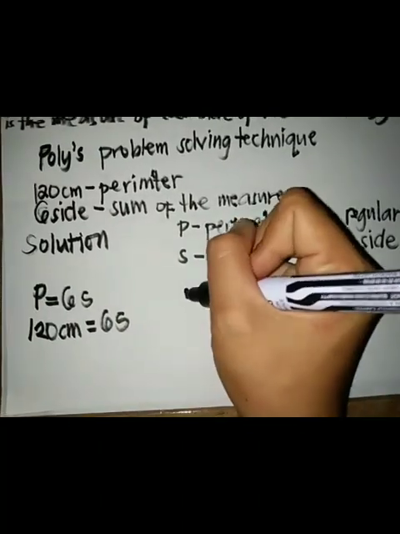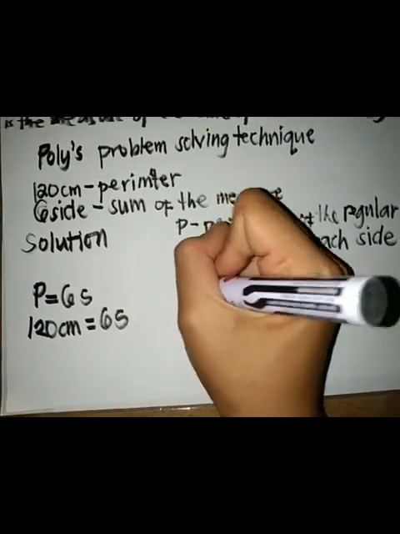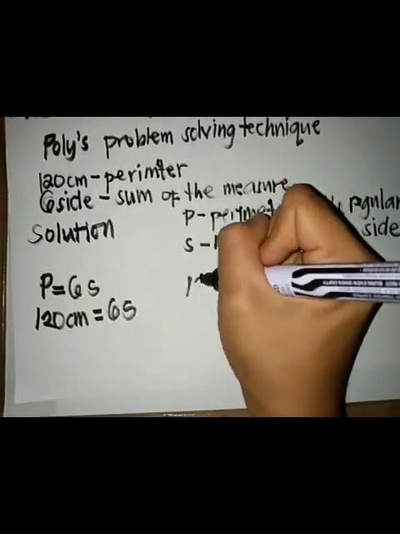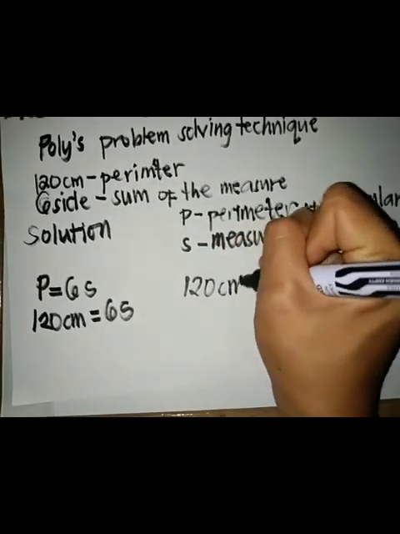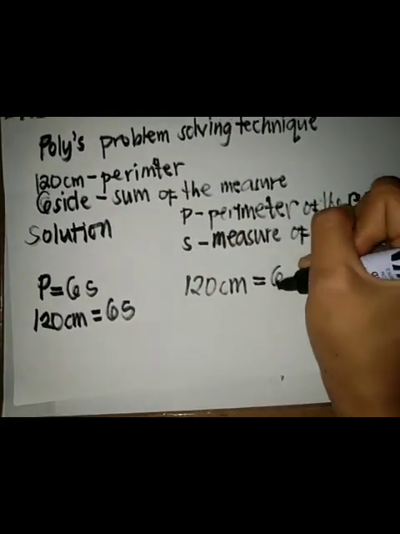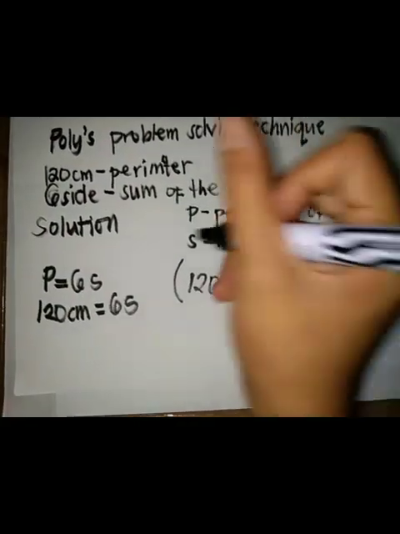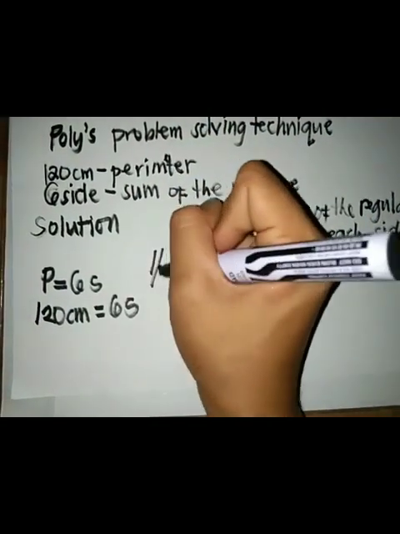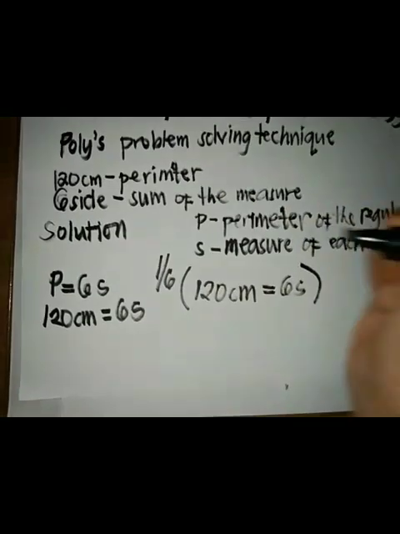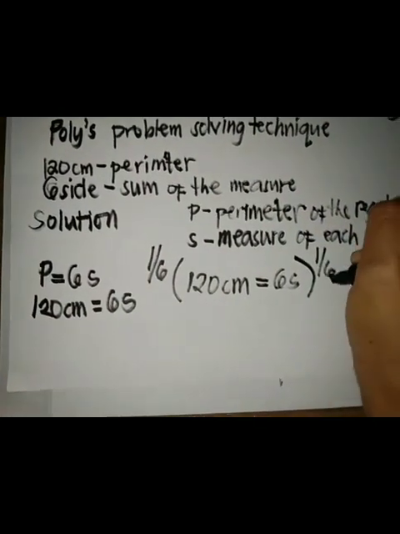So 120 centimeters equals 6s, and we multiply 1 over 6 on both sides.